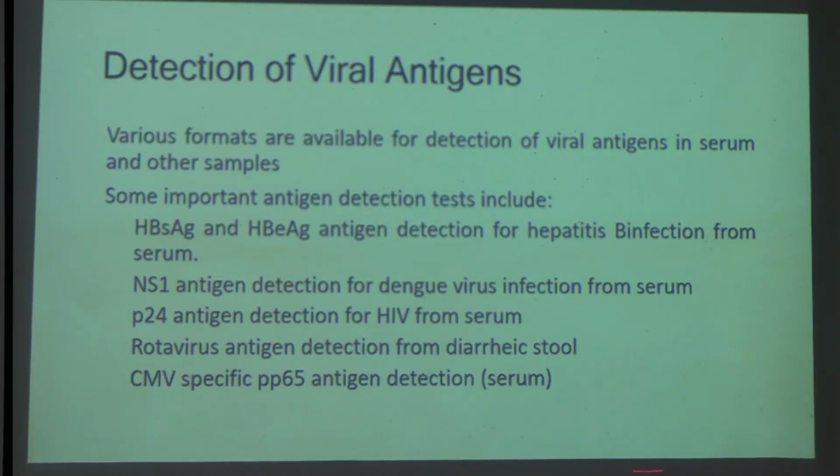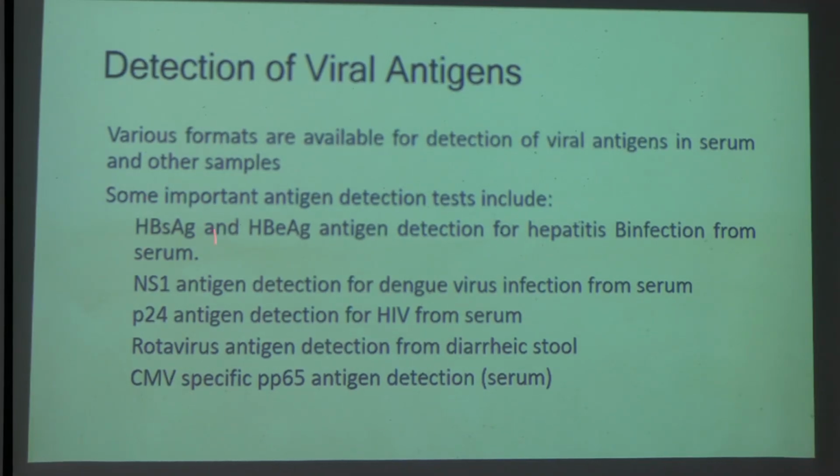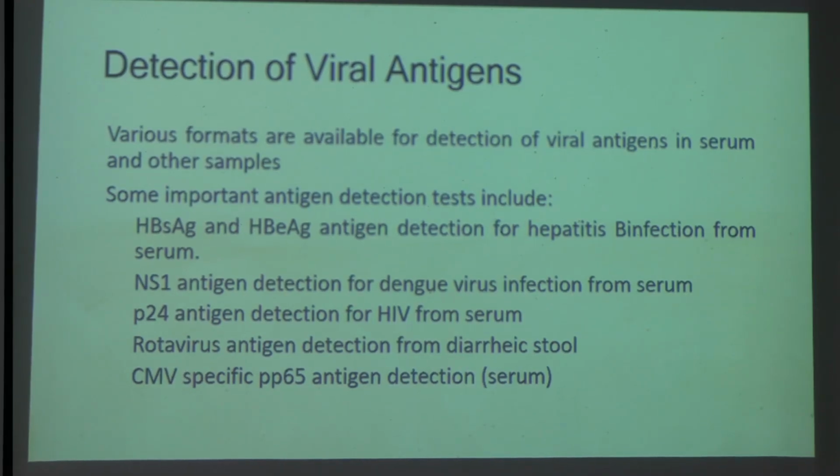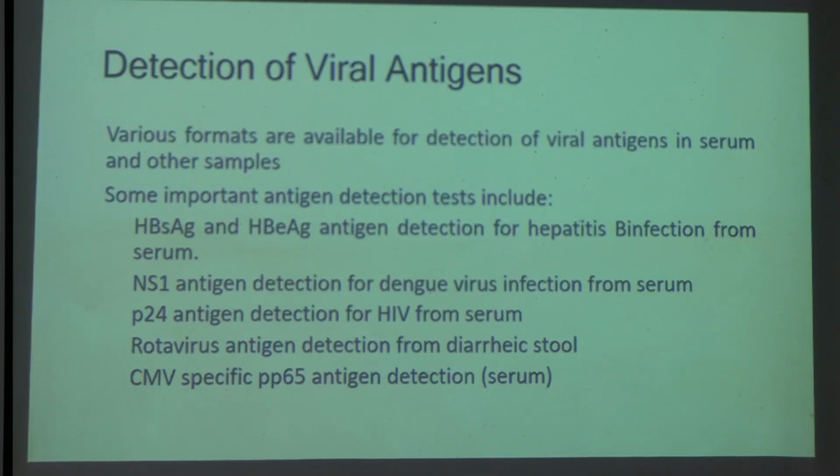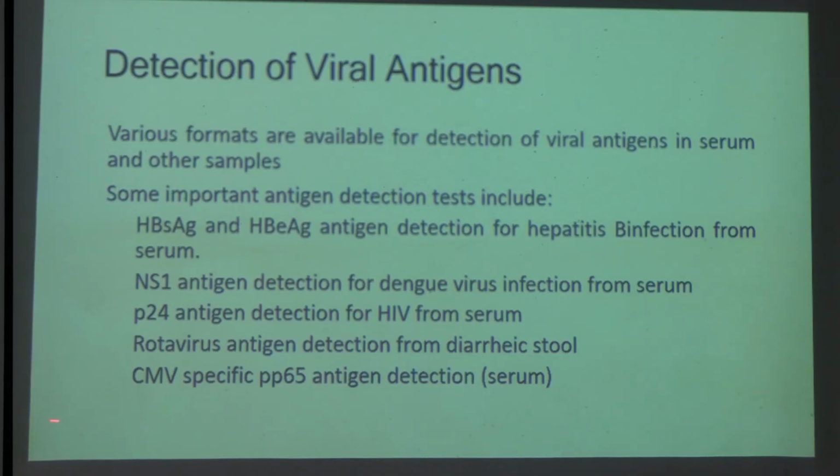Okay, these are the specific viral antigens we have to detect. This HBsAg, hepatitis B surface antigen. The antigen is present on the surface of the virus. Okay, we are targeting specific antigen for specific virus. We have to be very specific. Then NS1 antigen for detection of dengue virus from the patient's serum.